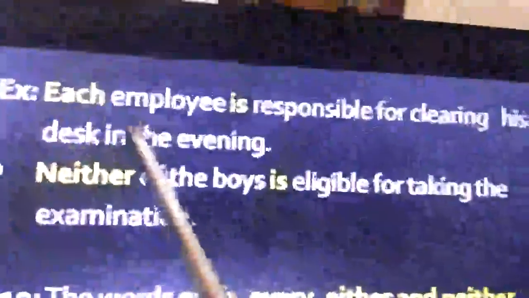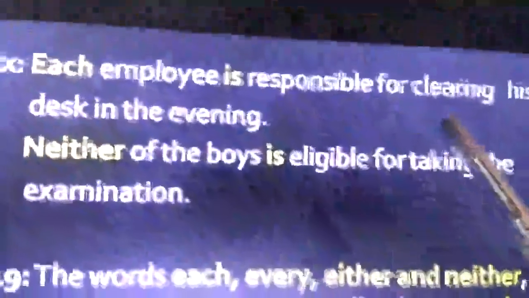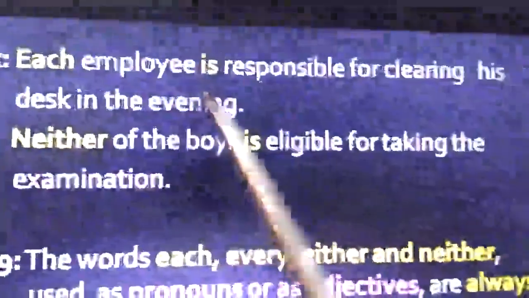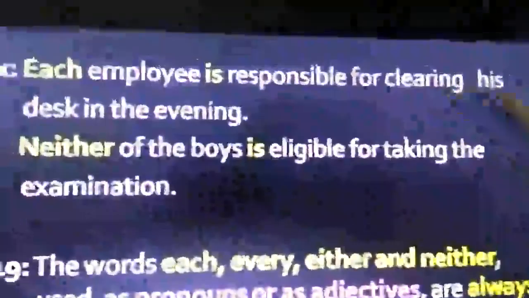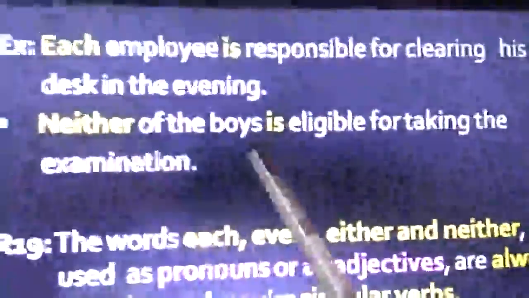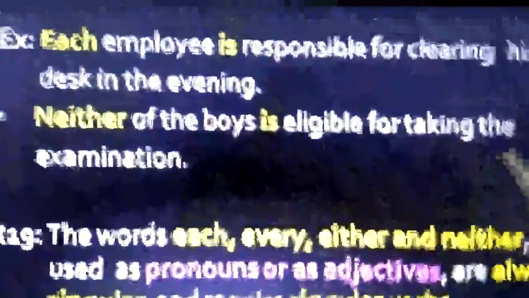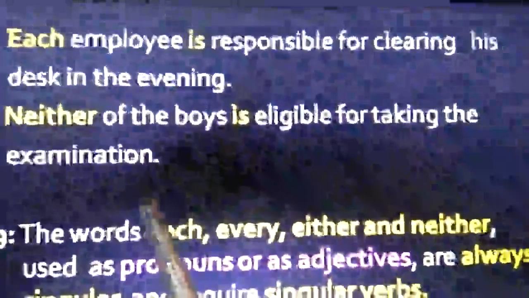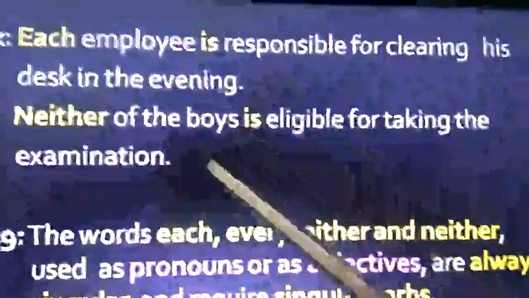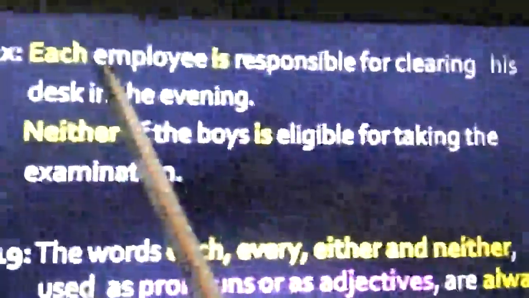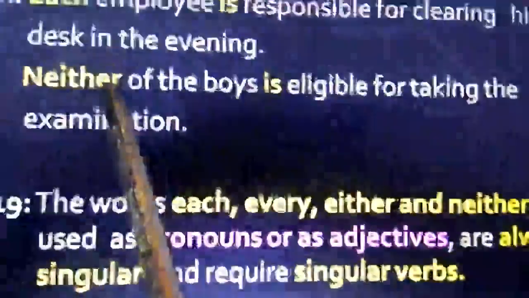So in this sentence, each employee is responsible for clearing his desk in the evening. And see the next example. Neither of the boys is eligible for taking the examination. The first example and second example, we have some highlighted words here which we have to focus on. In the first sentence, each. Second sentence, neither.